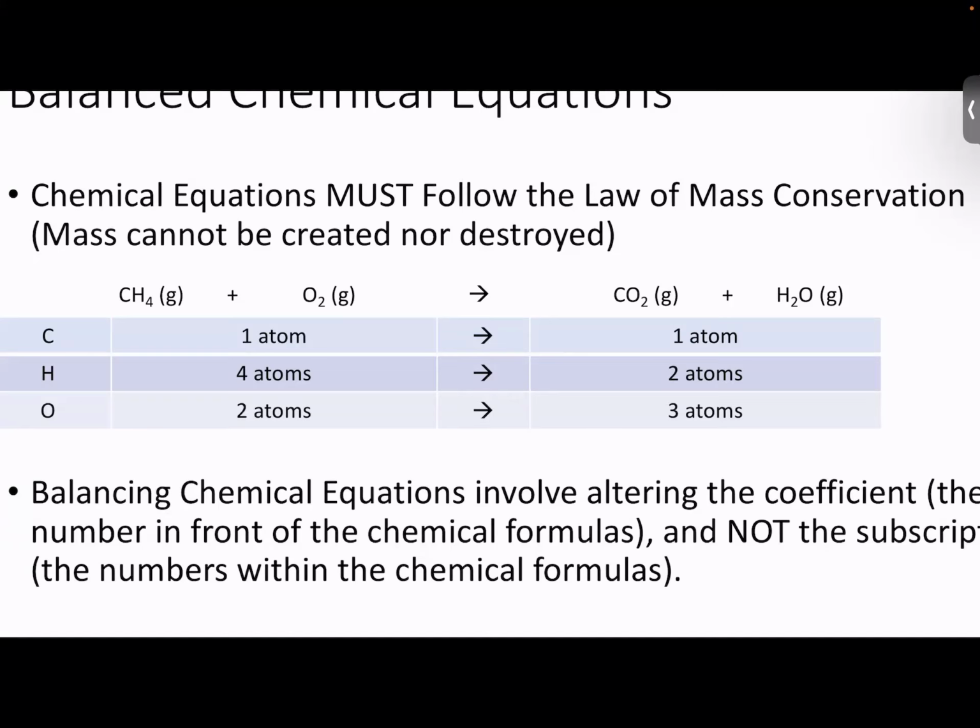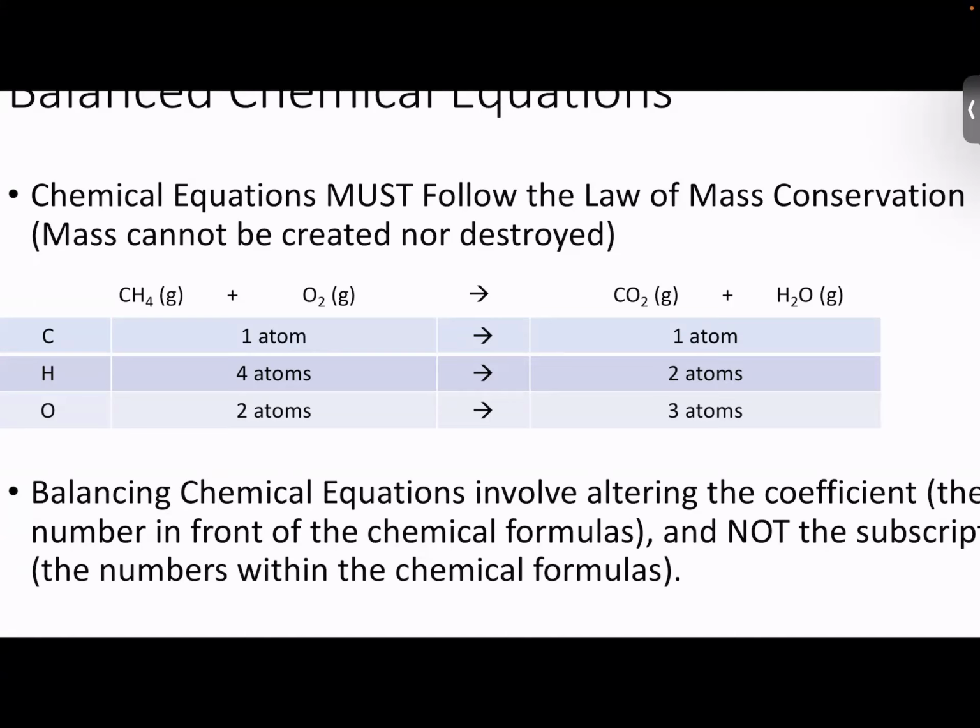So, I'm going to break down the process a little bit more, but basically what you do is you start with your elements and you look at it and say, okay, on the reactant side, there is only one carbon atom in these two substances. There are 4 hydrogen atoms found in these two substances, and there are 2 oxygen atoms found in those two substances. On the product side, there is 1 carbon atom found in these two substances.